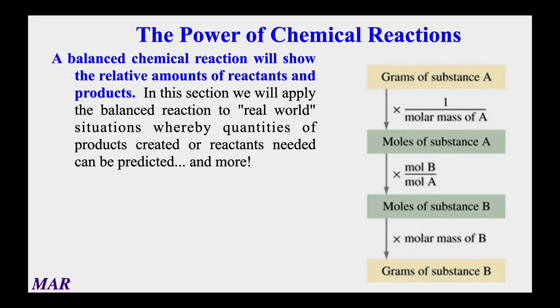A balanced chemical reaction will show the relative amounts of reactants and products. That may not seem intuitive at first because you see these numbers and you see the chemicals. But when you remember that all of those references are for moles, and moles can be related back to either grams or molecules, you can figure out relative amounts of reactants you'll need and products you'll require.